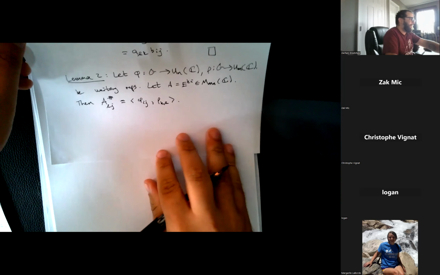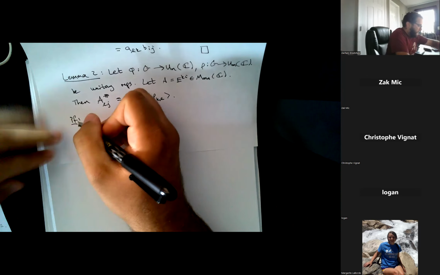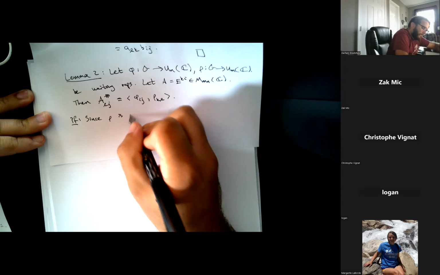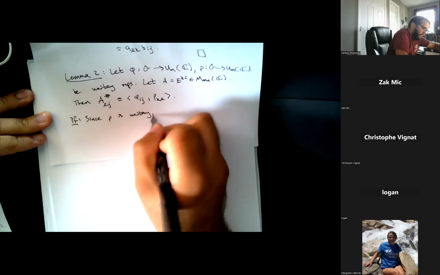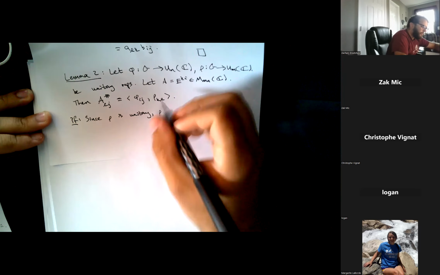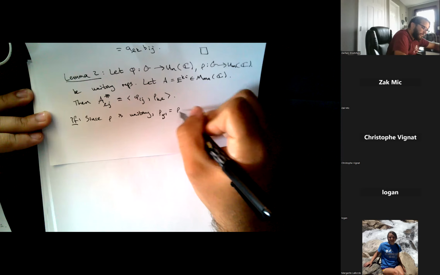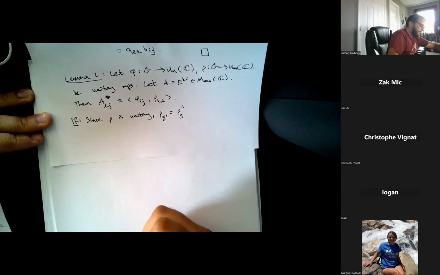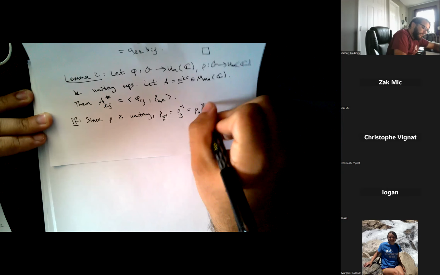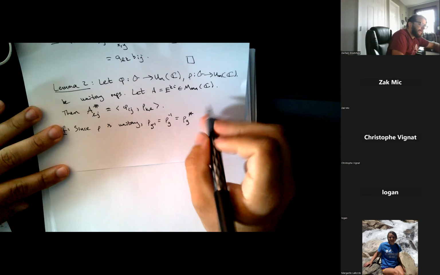Okay, so since rho is unitary, what does that mean? That means that rho(g) is unitary for all g. That means that rho(g) inverse is just equal to the adjoint of rho(g). So remember, I'm using the star notation or the dagger notation.